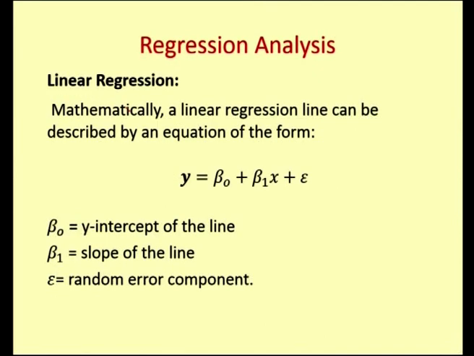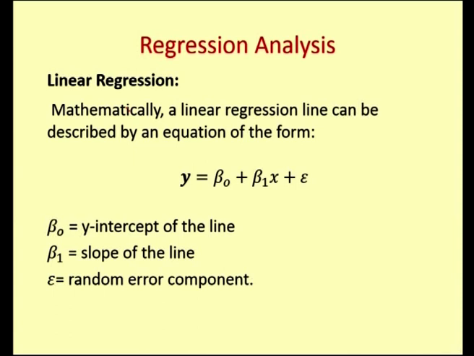The mathematical form of the regression is linear regression, and the linear regression line can be described by an equation of the form y is equal to beta naught plus beta 1 x plus epsilon, where beta naught is called the y intercept of the line, beta 1 the slope of the line, and epsilon is the random error component.